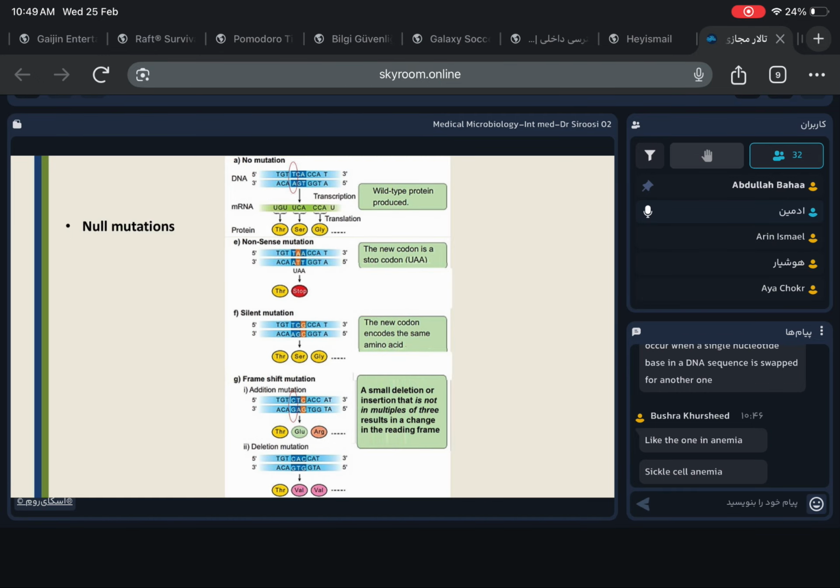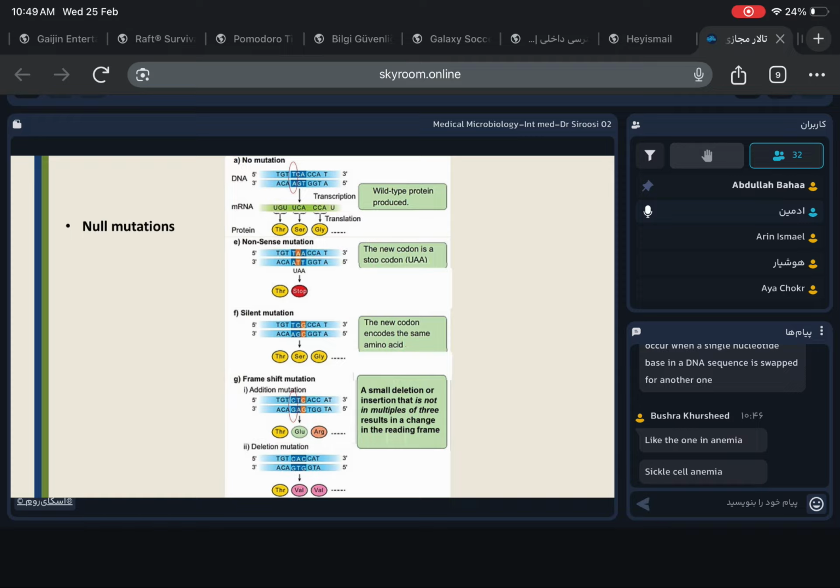So sometimes mutations are nonsense mutation, as you can see here. Because of a nonsense mutation, a codon which encodes an amino acid now is converted into a stop codon. So it means that the ribosome falls off the mRNA.